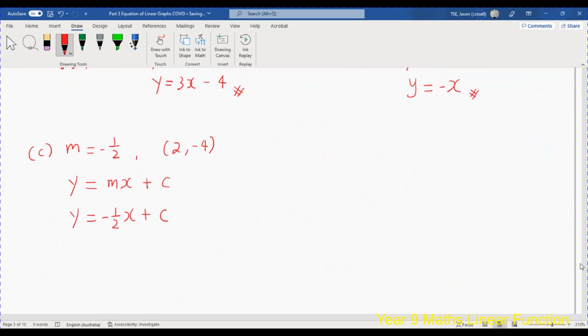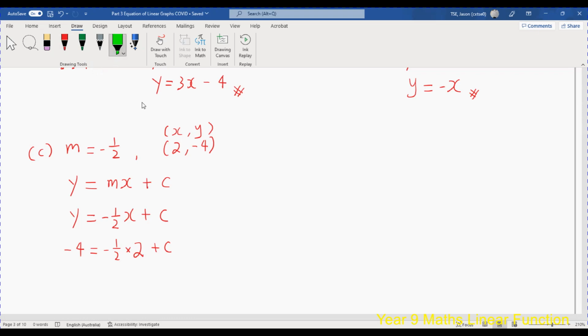So that means I can put any point on the line into x and y. How about this (2, -4)? Actually, this is our x and y. So I put -4 here and 2 here. I just substitute 2 and -4 into our equation. And how about c? We still don't know c, so just keep the c here.